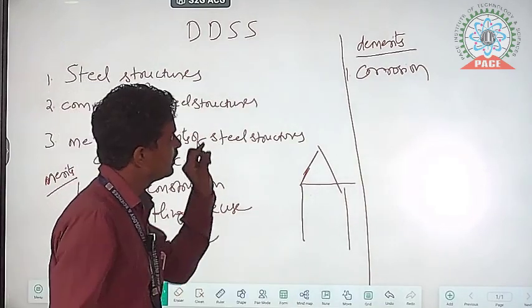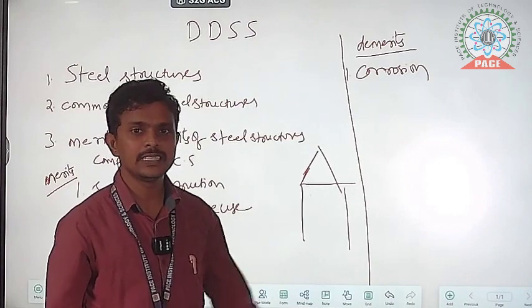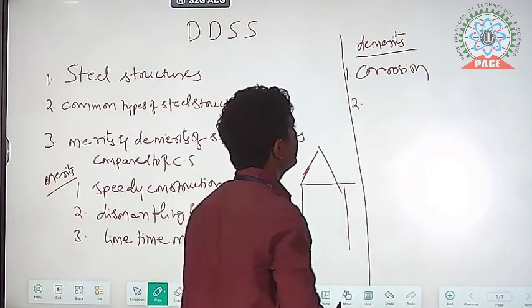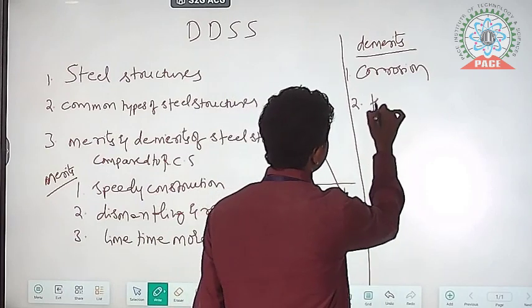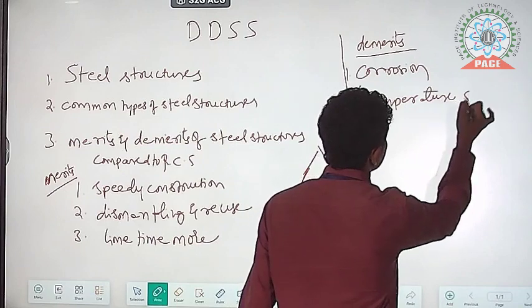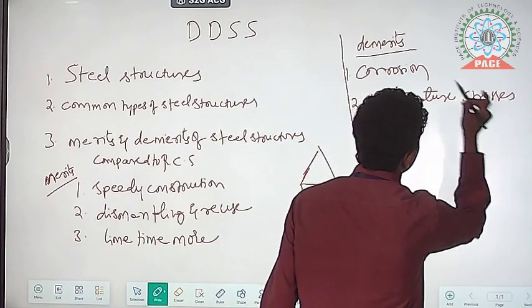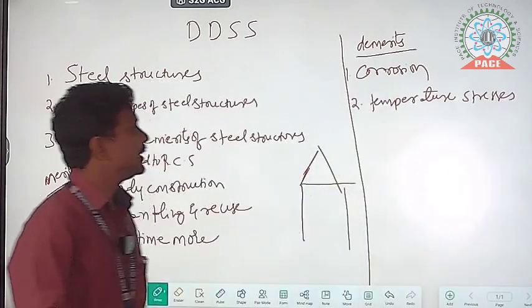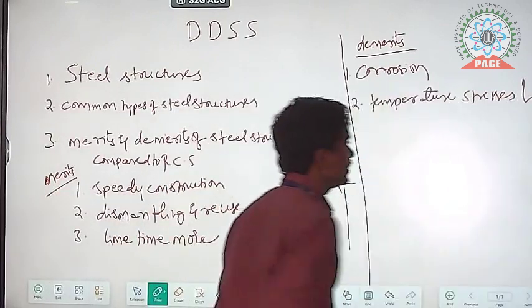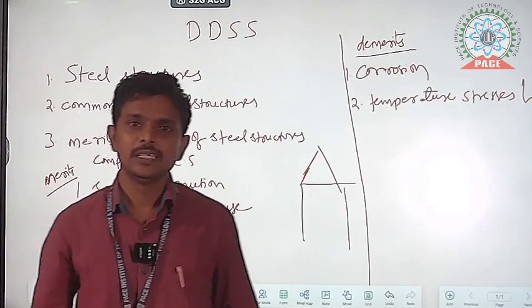That is the first, corrosion, and the second thing is temperature stresses. Temperature stresses are high. Temperature stresses mean, due to climatic changes, the rainy season and summer, mainly this is steel.